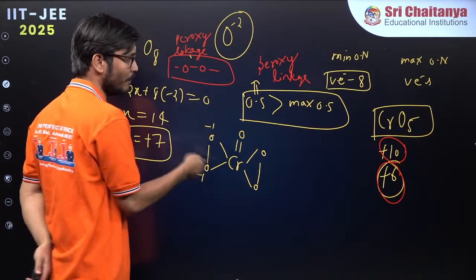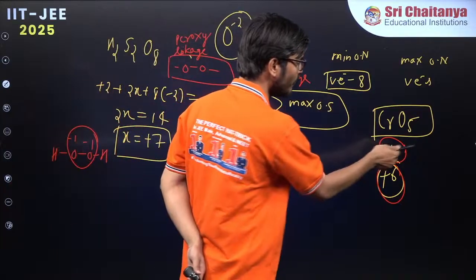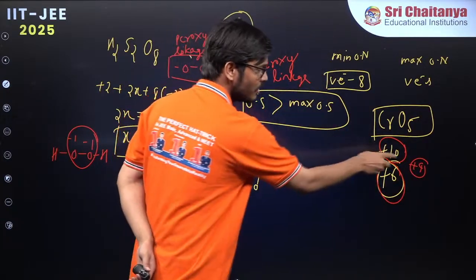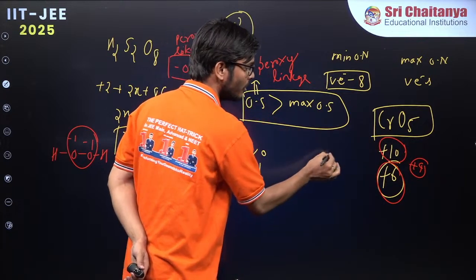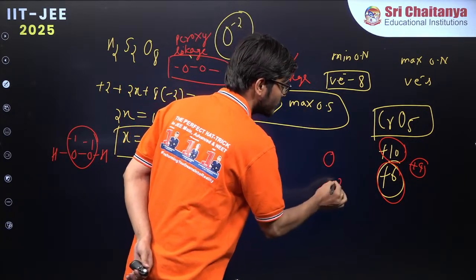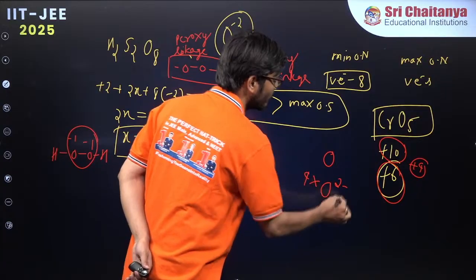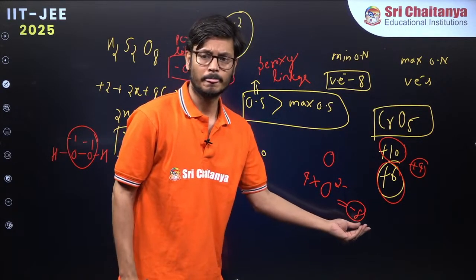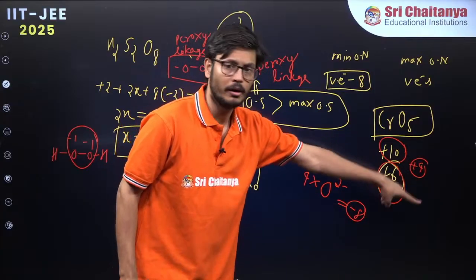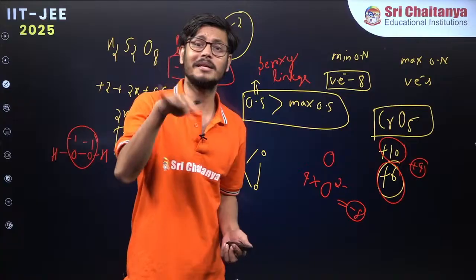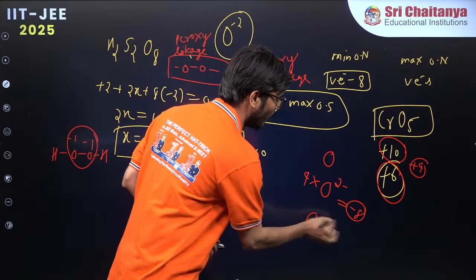So you see how we have managed. We had 4 extra plus. How to remove those 4 extra plus? With oxygen at -2, 4 oxygens means -8, but I want only -4, because we are getting an extra 4. So what to do? For 4 oxygen atoms, make it single, O-. How?